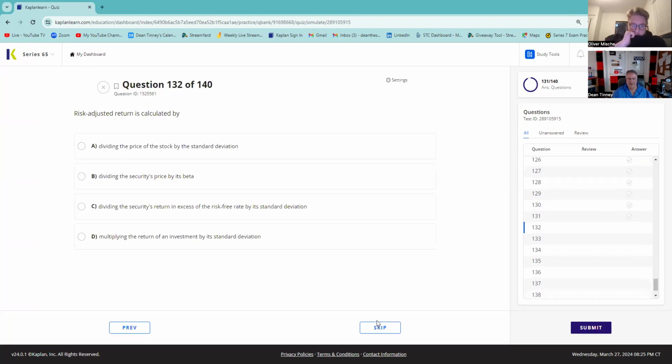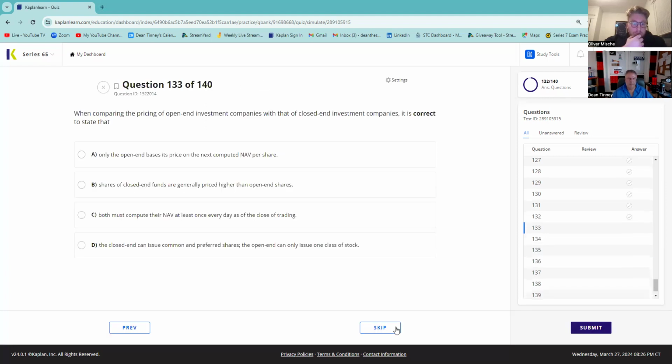Risk-adjusted return is calculated by risk-adjusted return. C. Right on. Good job. Definition. Boom. When comparing the pricing of an open-end fund with a closed-end company, is it correct to state?